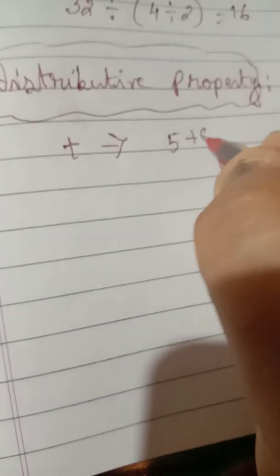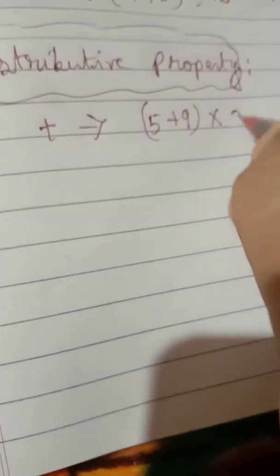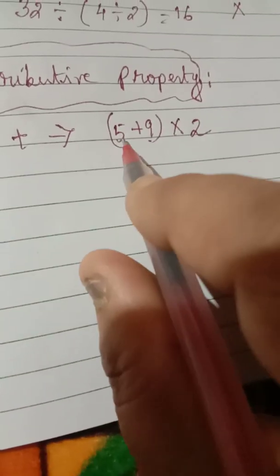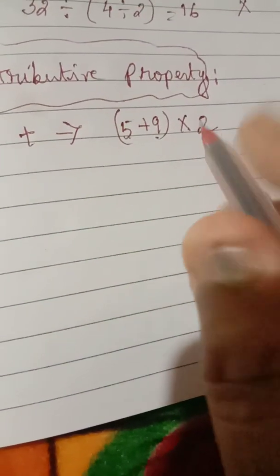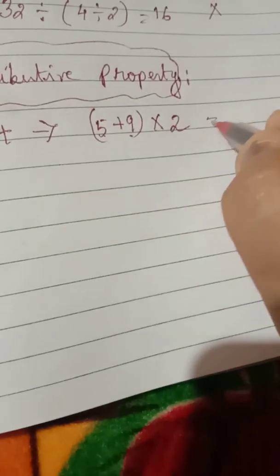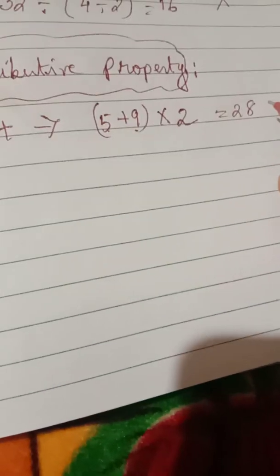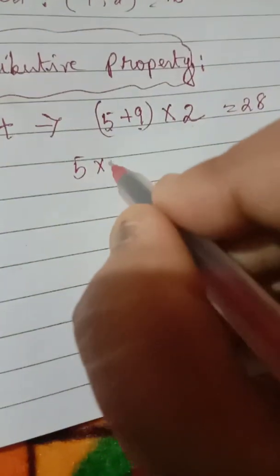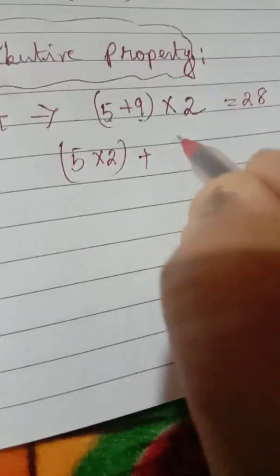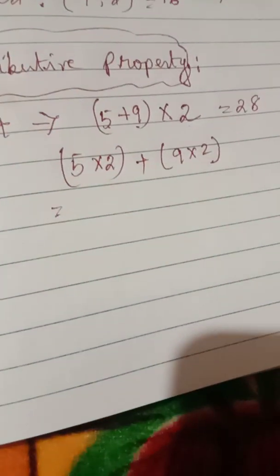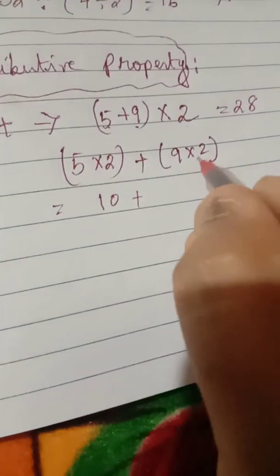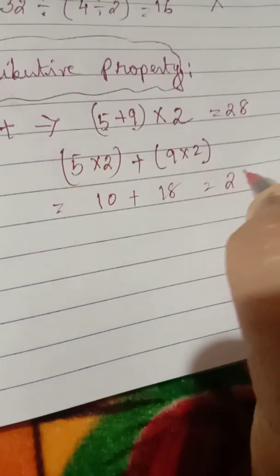5 plus 9 multiply 2, what will the answer be? 5 plus 9 is 14, 14 into 2 is 28. But if I write this way, 5 multiply 2 plus 9 multiply 2, here the answer will come 5 2s are 10 plus 9 2s are 18, ultimately 28.